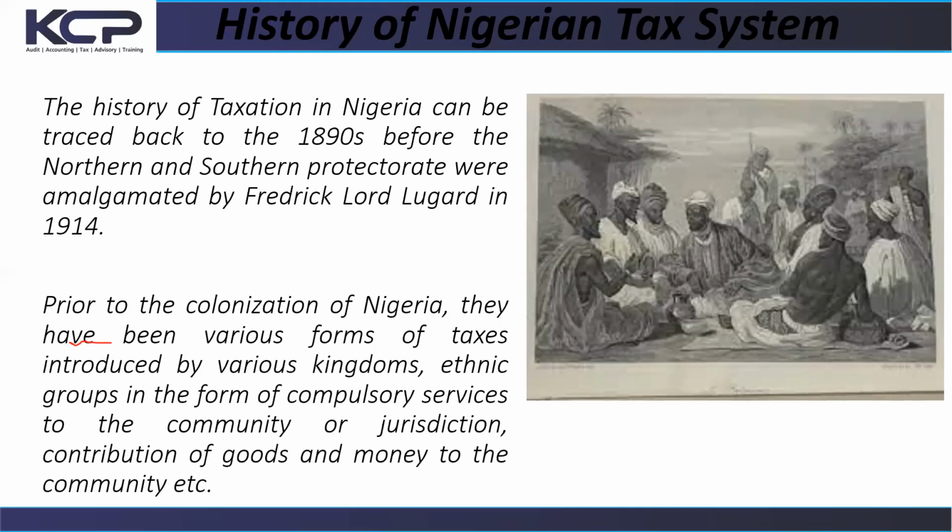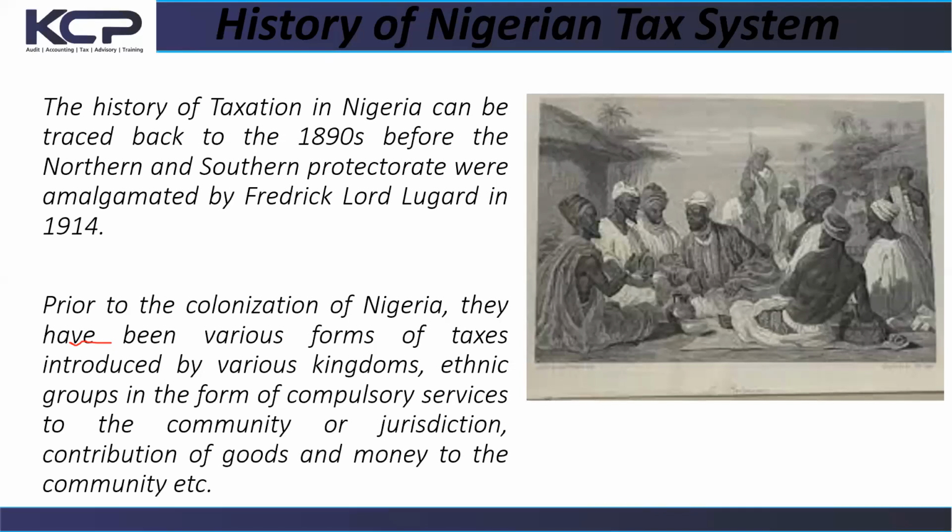So narrowing this to Nigeria, the history of taxation in Nigeria can be traced back to the 1890s, before the Northern and the Southern Protectorates were amalgamated by Frederick Lord Lugard in 1914. That is, before the southern part and the northern part of Nigeria were combined together, there has always been a culture of taxation, right?